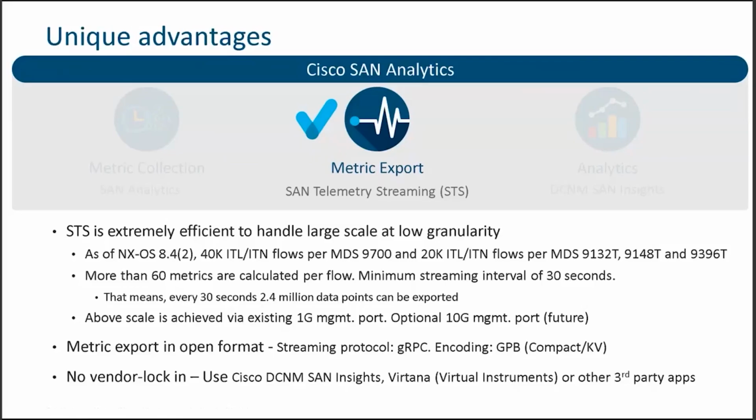Very quickly, on MDS switches, it brings optimization of 4 times, right? What I mean by that is we have a 1 gig management port, which is used to export these metrics out of the MDS switches.